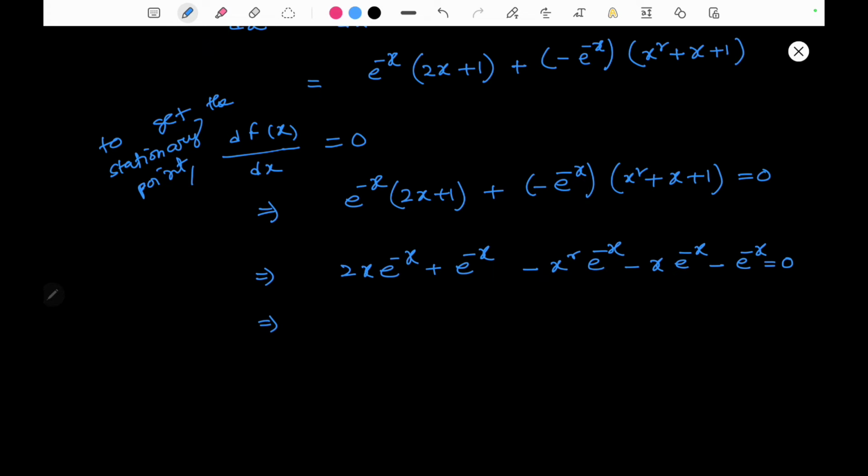Now here we can cancel this plus and minus, and we are left with x e to the power minus x minus x square e to the power minus x equal to 0. Here we can take common e to the power minus x.